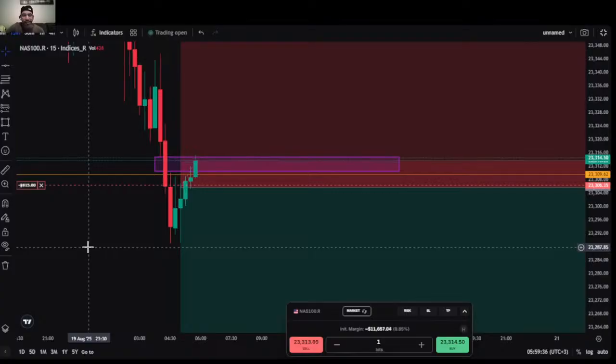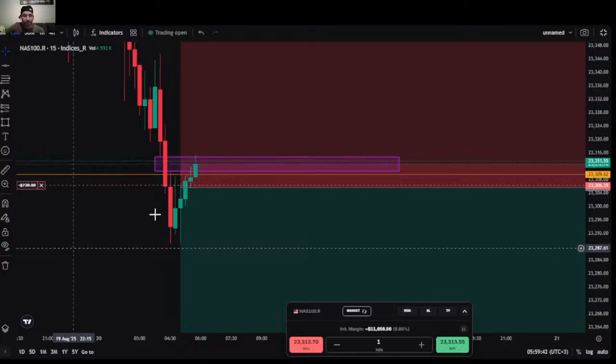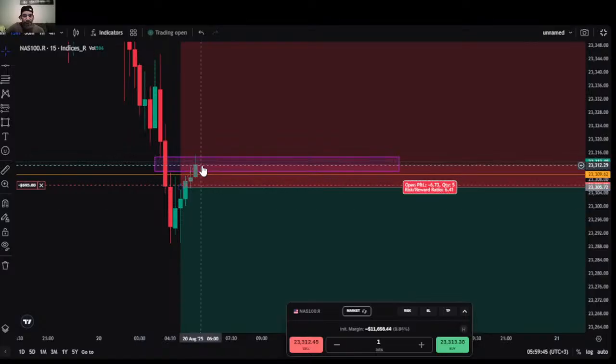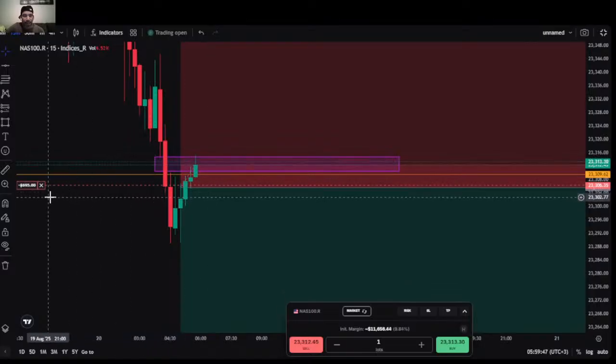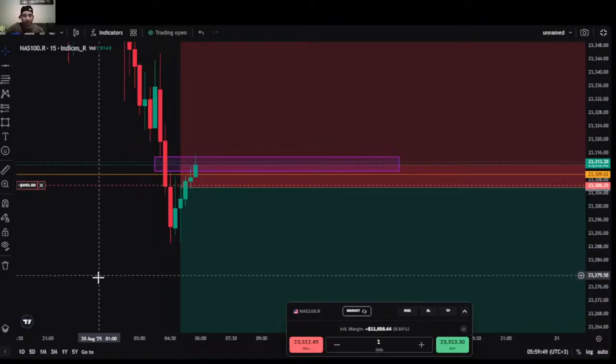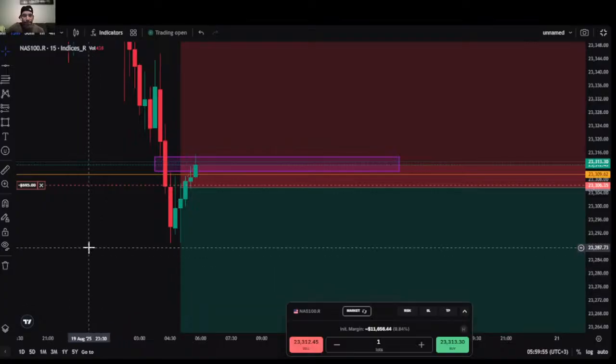Yeah, let's see. I'll let the candle close. I might close this trade out here, but I want to see if this thing can give us a bottom wick and might have a chance to close at BE at least and avoid a loss. But we'll see.